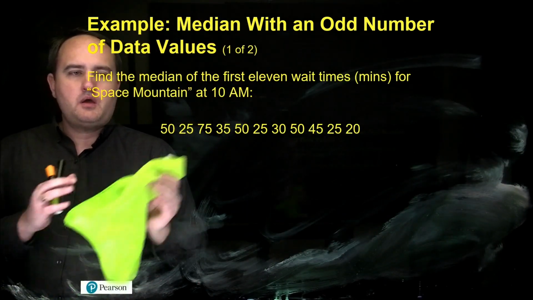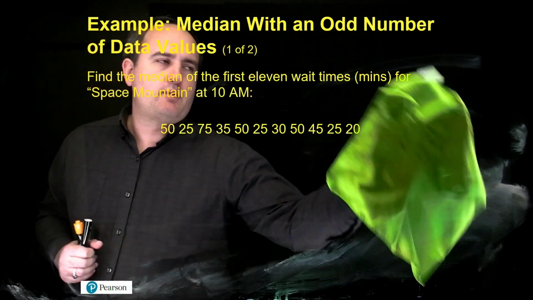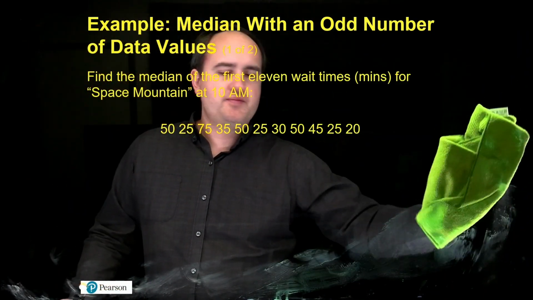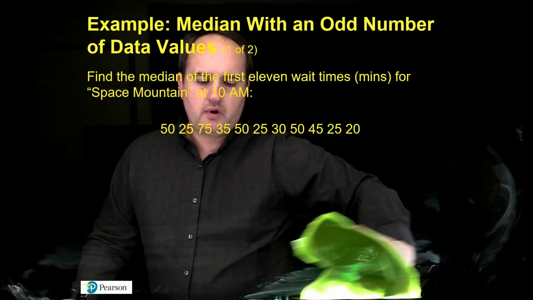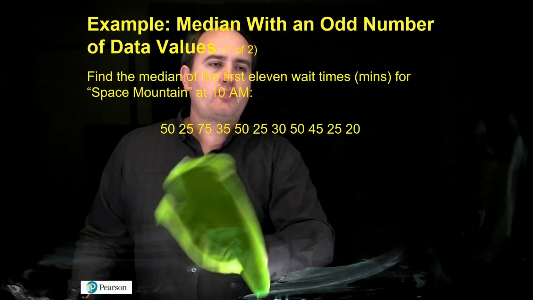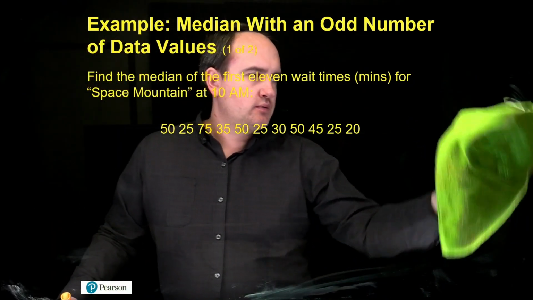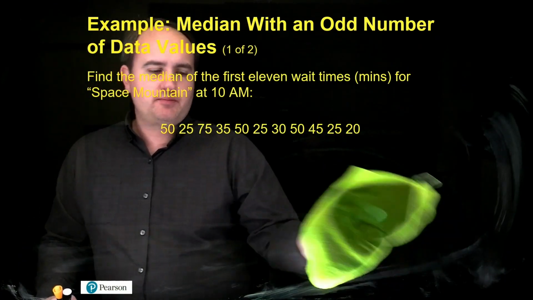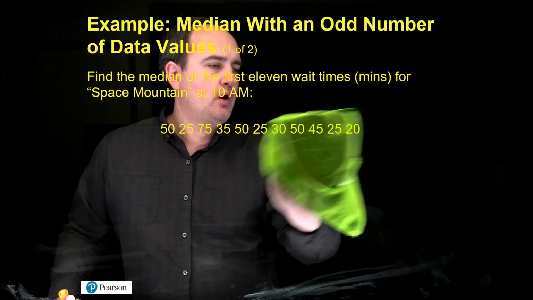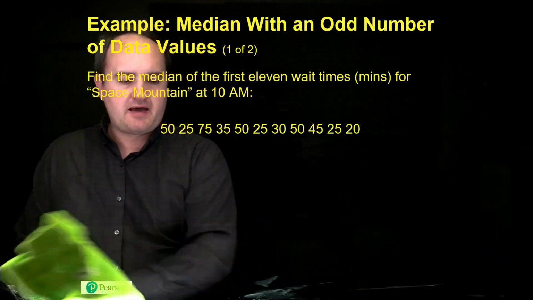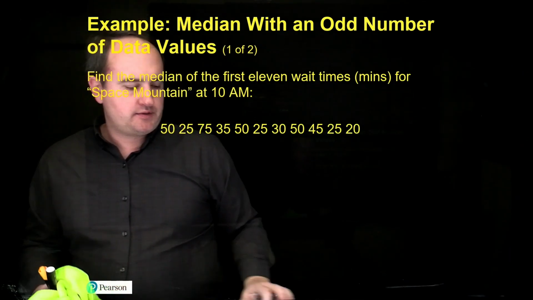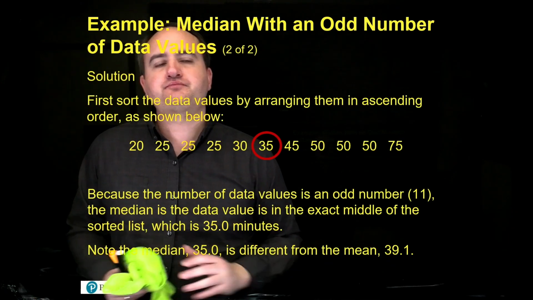Okay. All right. So I wanted to do another example of the median for an even number of data values. So we're going to have all these same numbers, but they're going to add in one more number. So instead of having 11 data values, we're going to have 12.